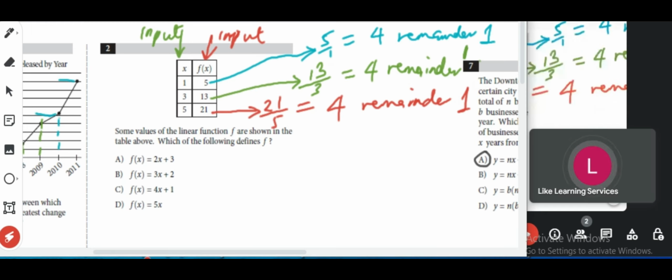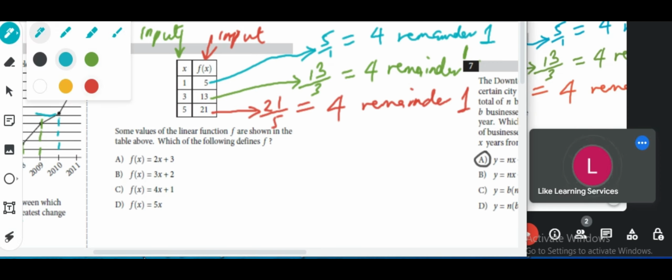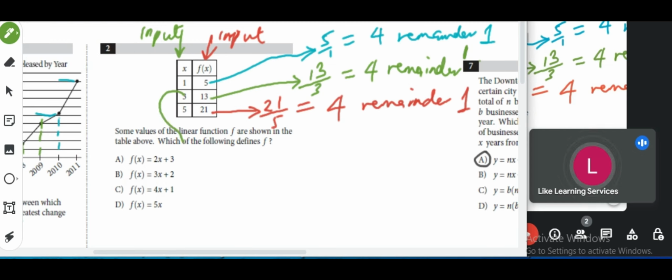Starts with 4. 4x plus 1. C. Exactly, 4x plus 1, C. And if you try that, you will see it will give you that. Try it with any one. When x is 3, for instance, 4x will be what? 4 times 3. I want you to use this to test it.